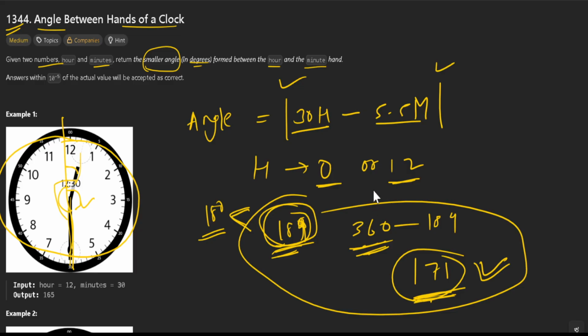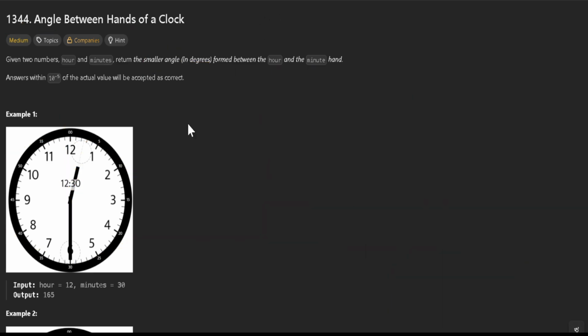Understand? So in our case, let's try to understand what we have been given. We will apply this formula. We have been given 12 and 30 minutes, so we know h we will use either 12 or 0, and m we will use is 30.